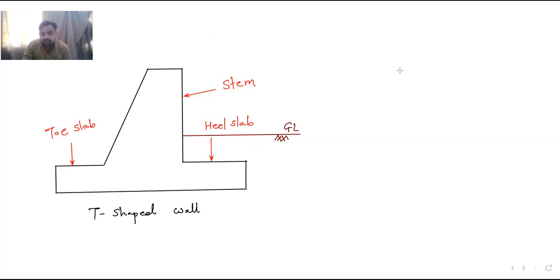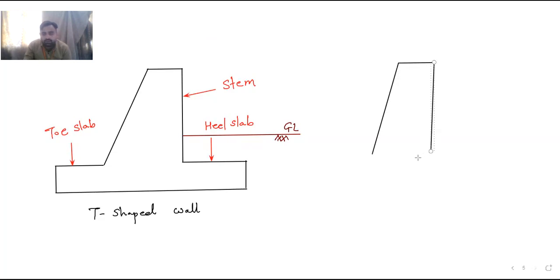So again, this is the stem. This is again the front portion. It is like this.